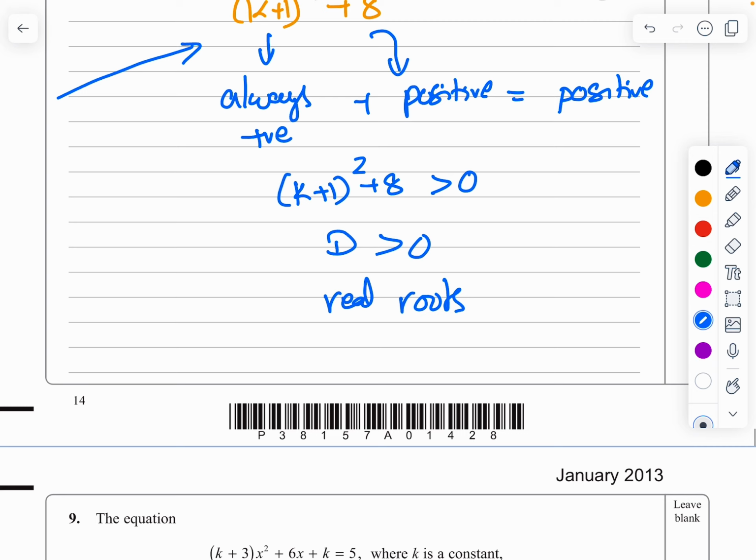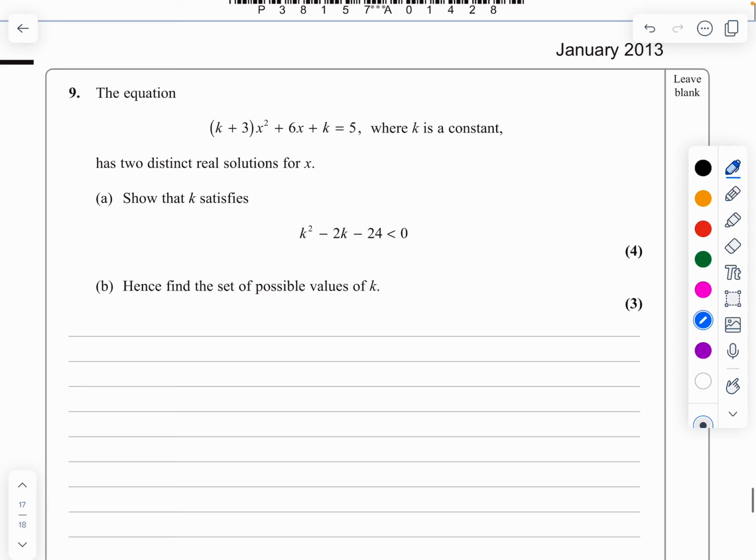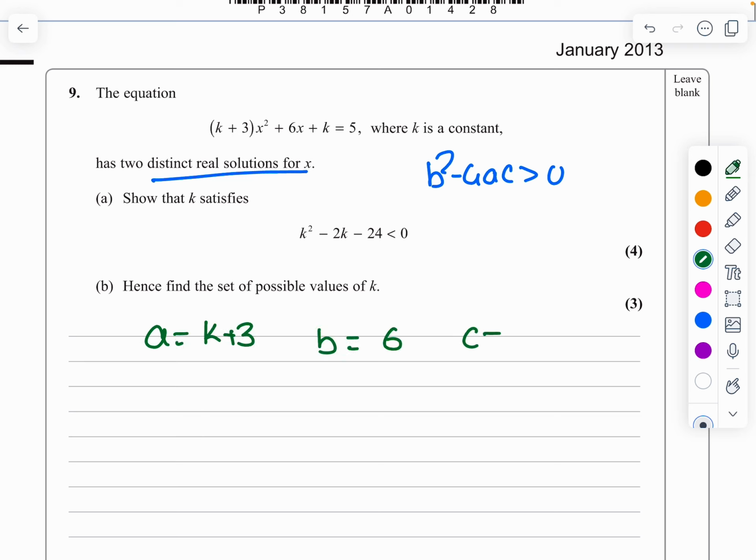Coming to the next question. Has two distinct real roots, means b square minus 4ac is greater than 0. So a value is k plus 3, b value is 6, c value is k minus 5. So b square minus 4 times k plus 3 times k plus 5 is less than 0.